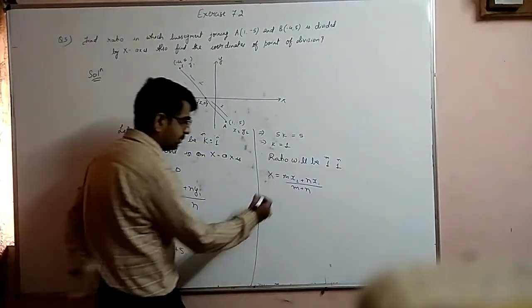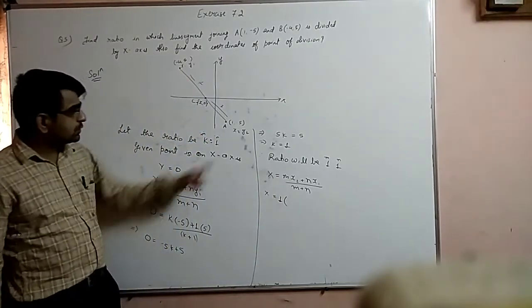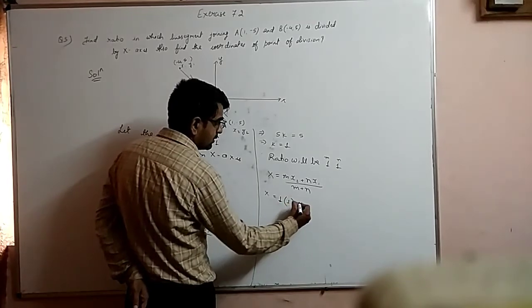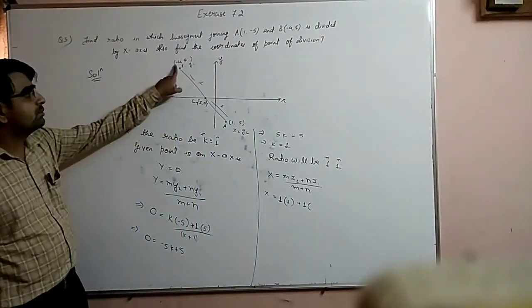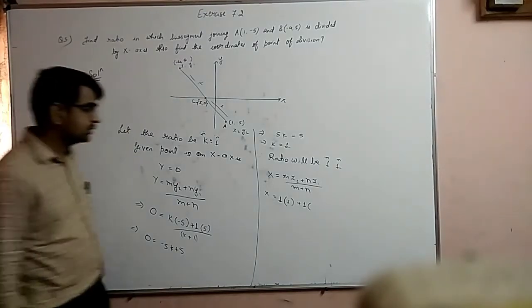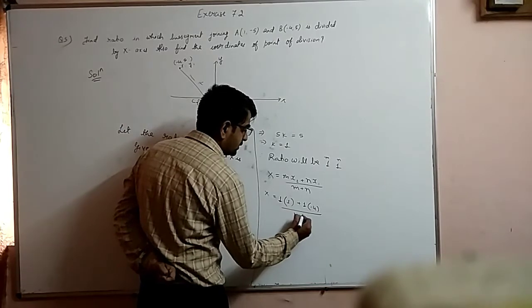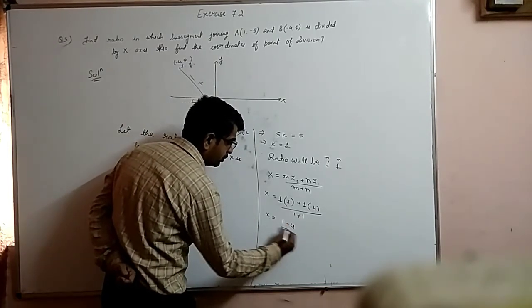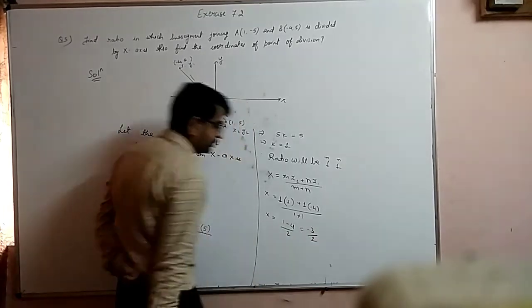Now see, what will be x? What is x2? It is 1. And x1 is minus 4. So 1 minus 4 by 2, which will be minus 3 by 2.